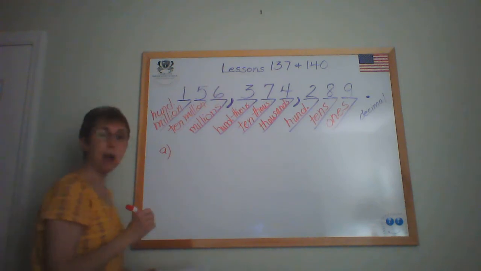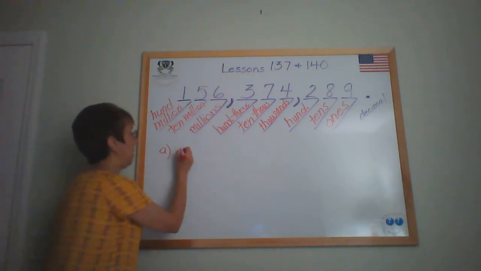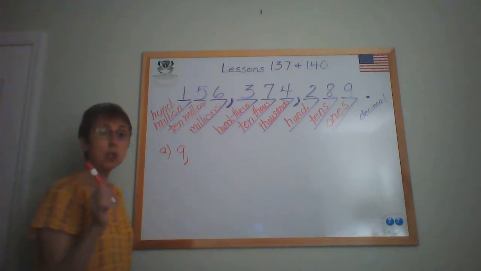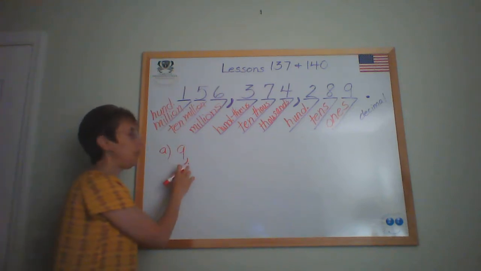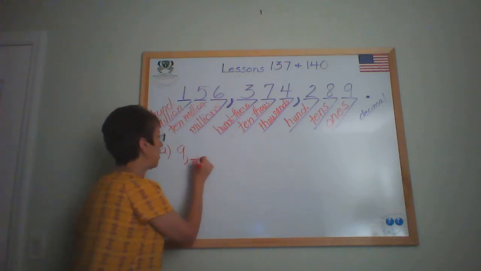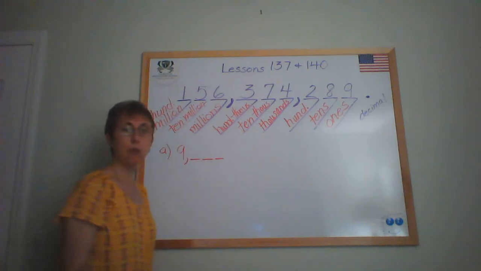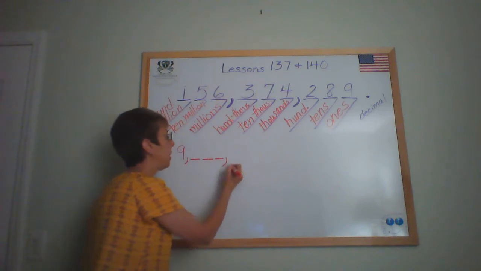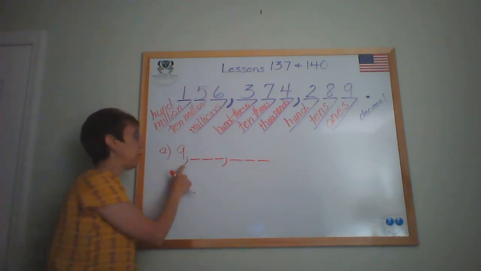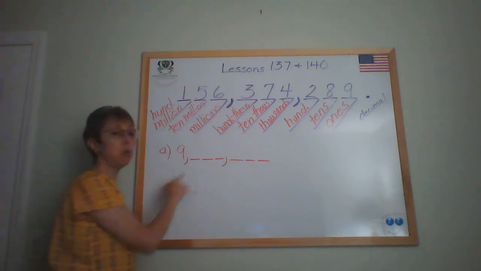Okay, so that was 9 million. That first comma is million. So you should know right away, 9 million, that first comma is million. So what has to come after that first comma? You have to have 3 places followed by another comma and 3 places, because the million tells us we have 2 commas.